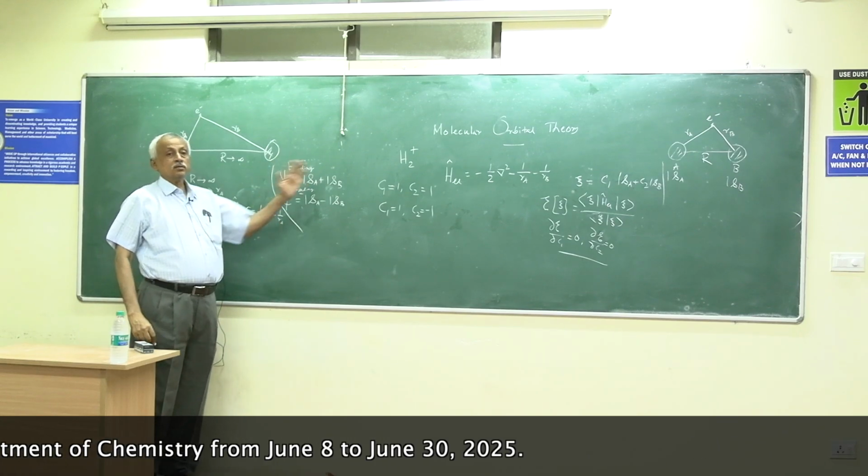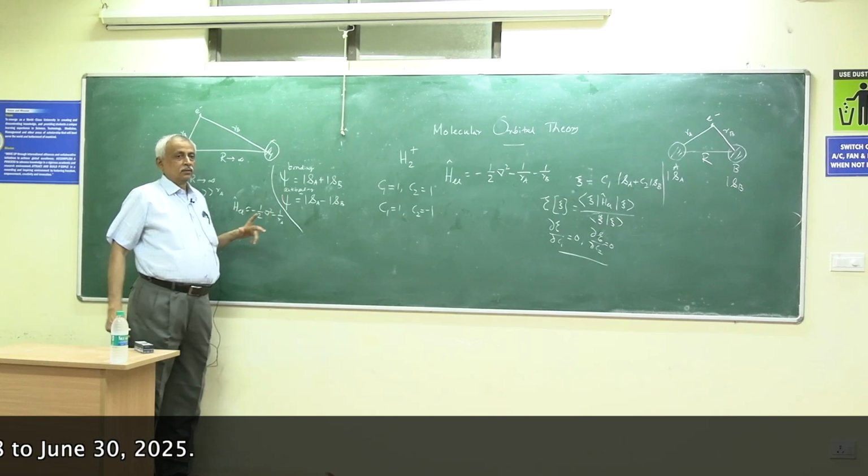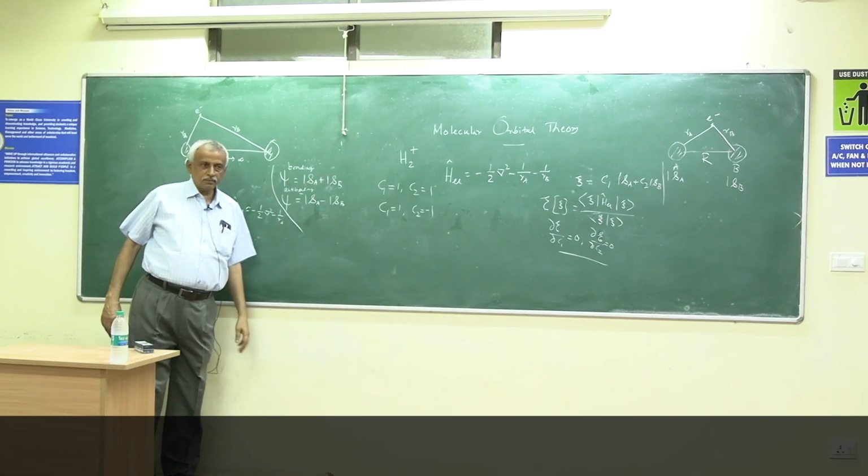Why? Because RB is so large, if I take capital R tending to infinity, 1 by RB is negligible, it's almost like 0.